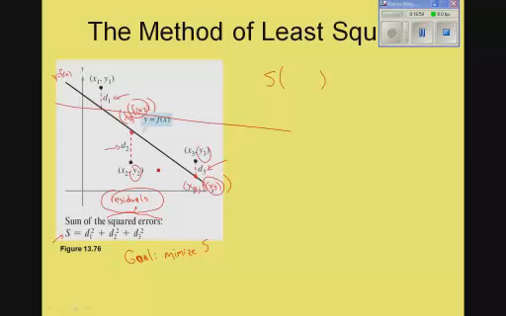Why is it worse? Well, that's about the same, but these are much worse. I have more, bigger residuals there. You guys with me on that? Okay. So you can try all different kinds of lines. How are you going to get the best one?